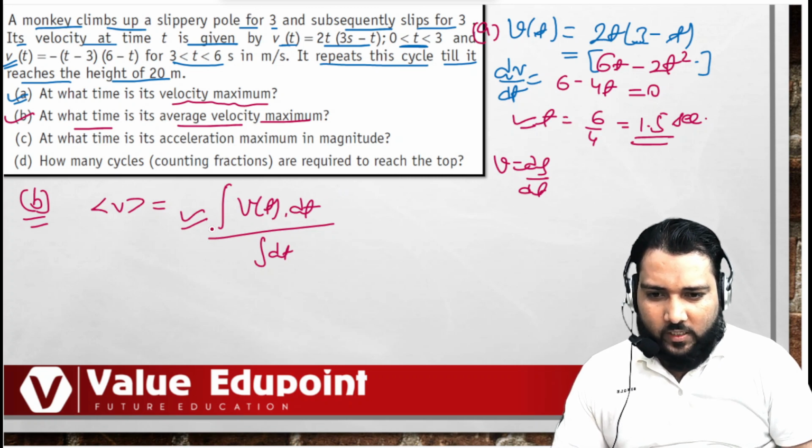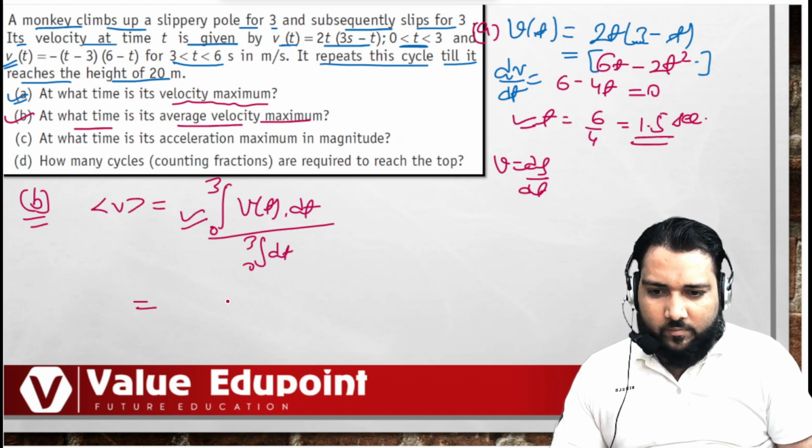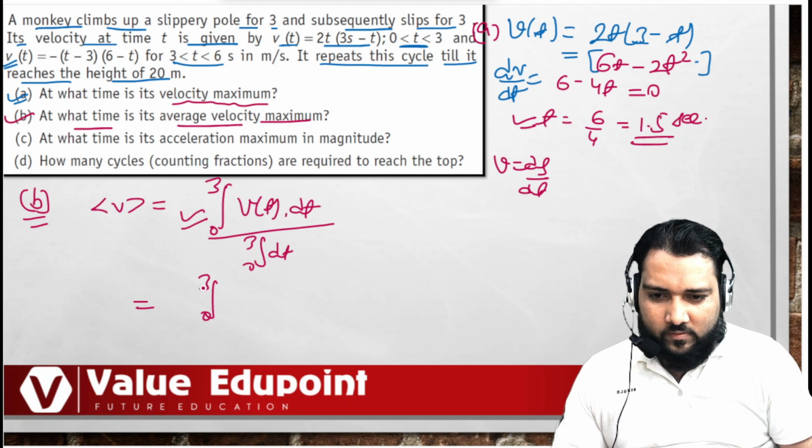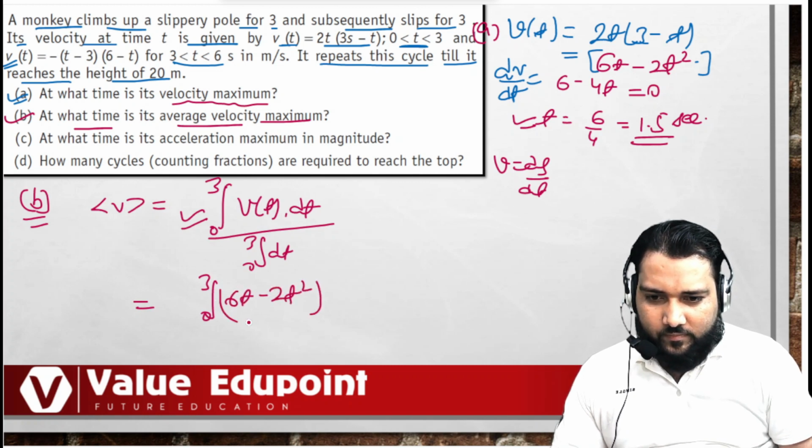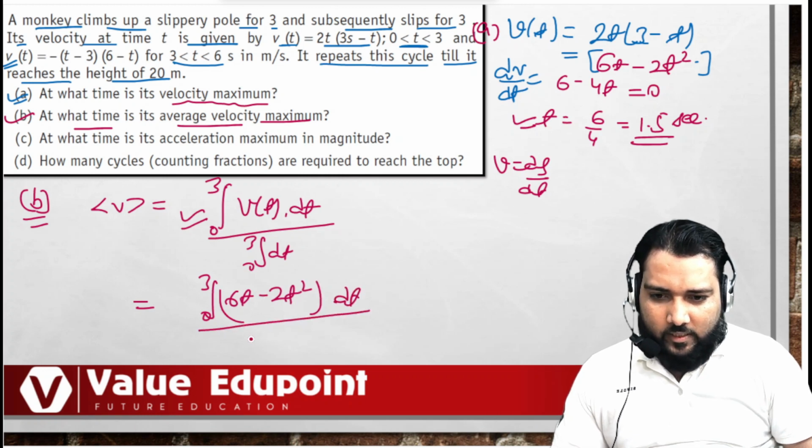So this is the formula to calculate the total distance, from 0 to 3 seconds. Is it okay, guys? Now we know v(t) is 6t minus 2t square. So we simply put here the integral of 6t minus 2t square dt upon the time, which is given as 0 to 3.